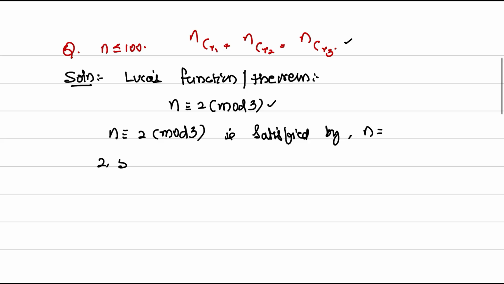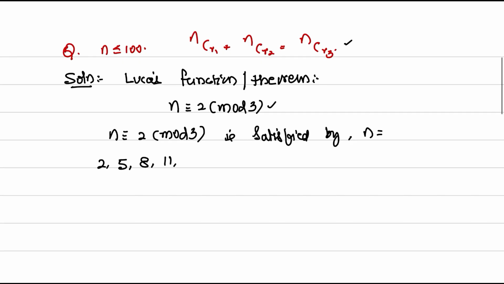n is equal to 5, then n is equal to 8, n is equal to 11, n is equal to 14, n is equal to 17, n is equal to 20, n is equal to 23, like that up to n is equal to 98.